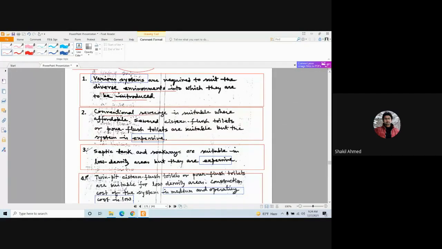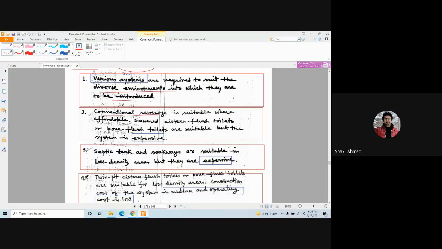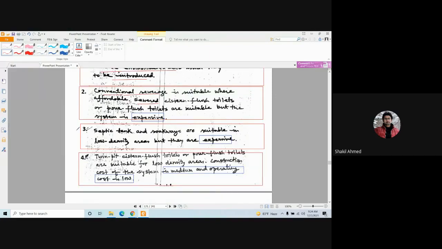Conventional sewerage means this one. You can provide it where people can afford it. Sewered cistern flush toilets or pour flush toilets are suitable, but the system is expensive. Septic tanks and soakways are suitable in low density areas, but they are expensive.